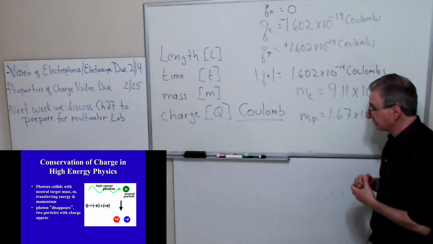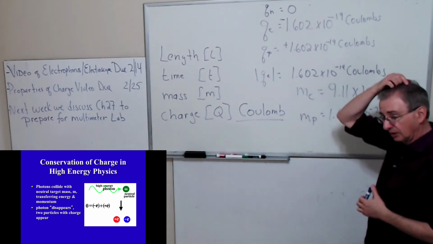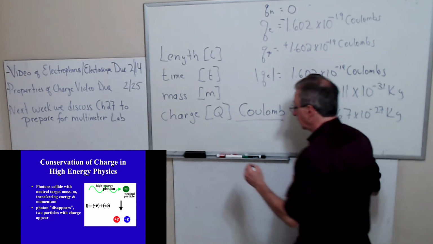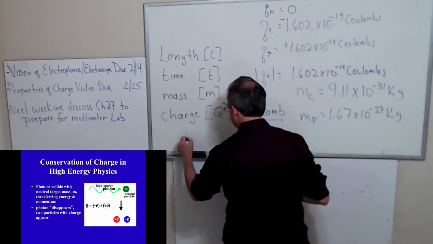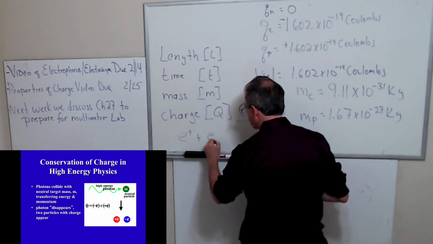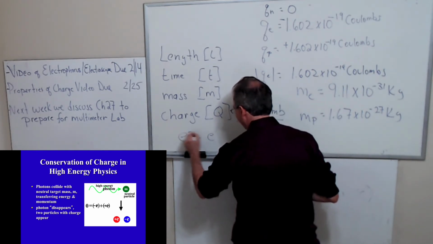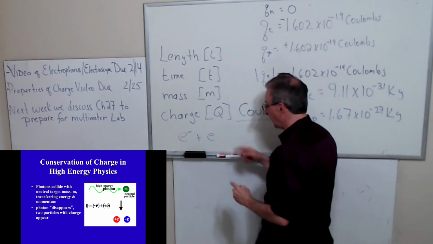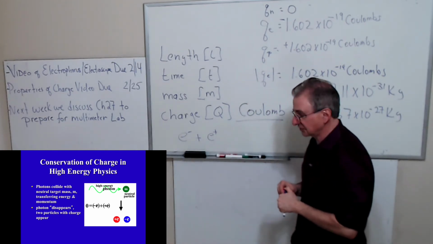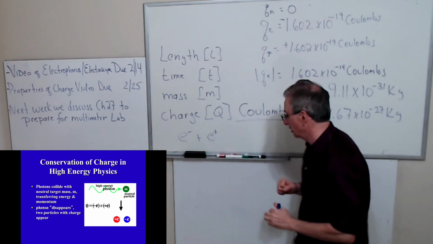Again, one property of charge is that it's conserved. In one famous experiment, you can take an electron and slam it into its antiparticle, called a positron. An antiparticle is a particle of the same mass but opposite charge.